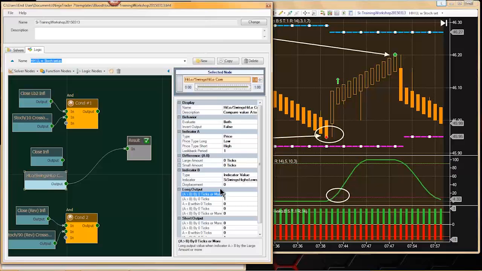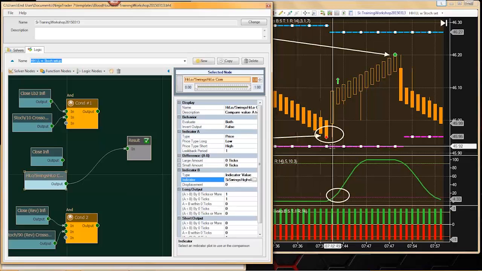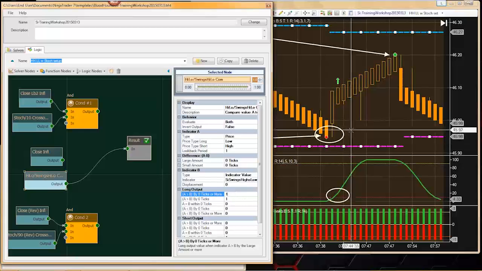If we look at the output here, we want A. For the long output, A is going to be the low price, and we want it to be greater than B, and B is our swing indicator plot. So the outputs are set correctly the way we want.